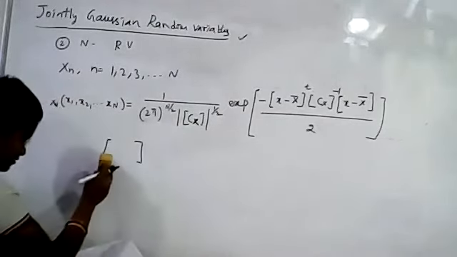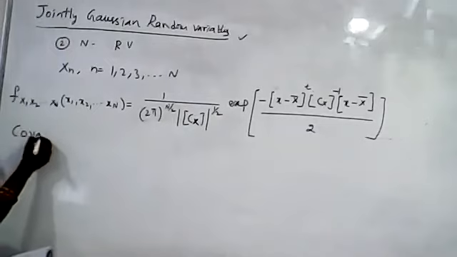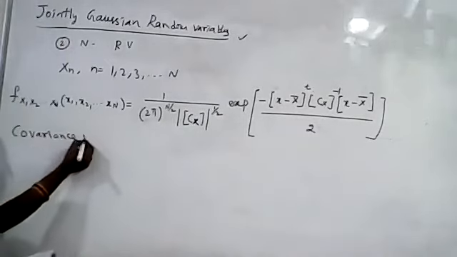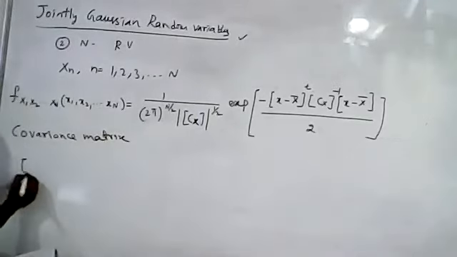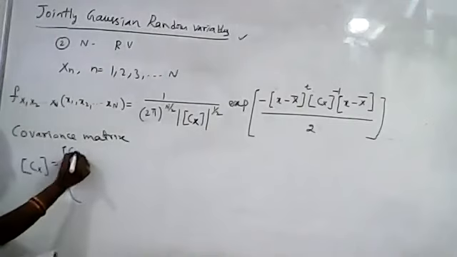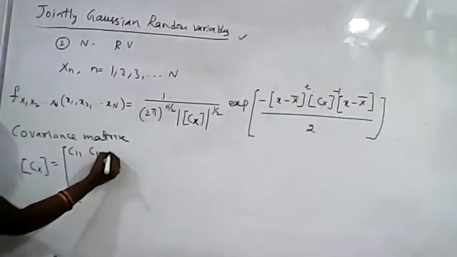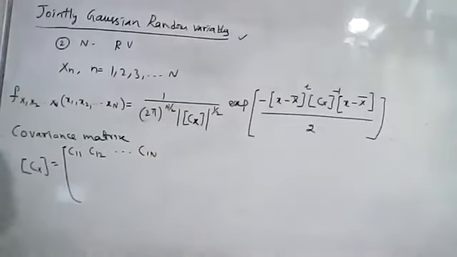Now what is the covariance matrix of n random variables? Since we are taking n random variables, Cx is given as C11, C12, so on, C1n.